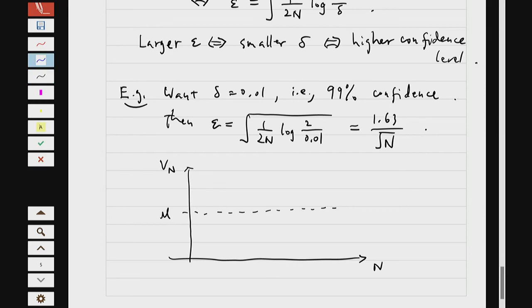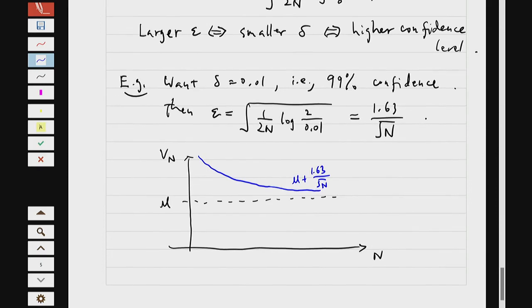Therefore mu plus that, I get a curve above that looks like this, if I can draw properly. This will be mu plus 1.63 over square root of n, of course. That's mu plus epsilon, and below I have something that's symmetrical.